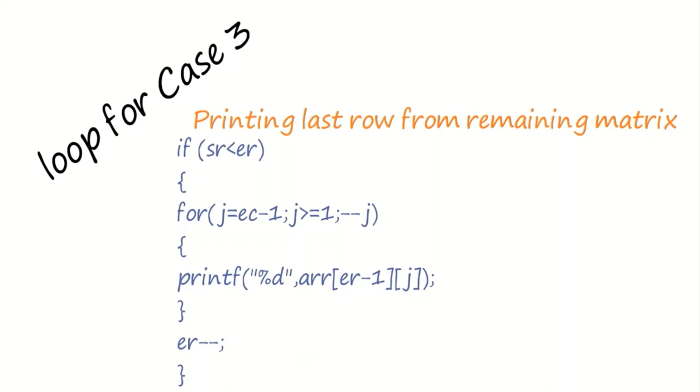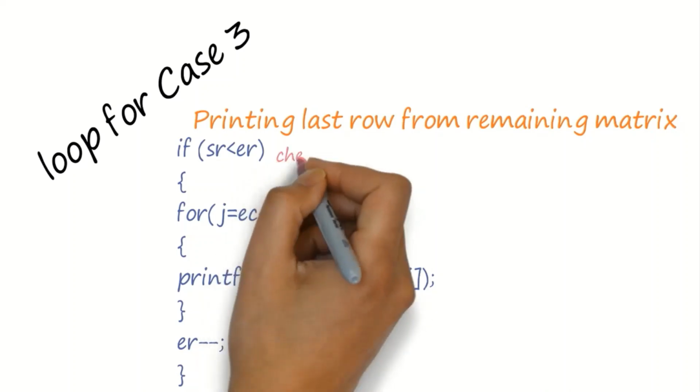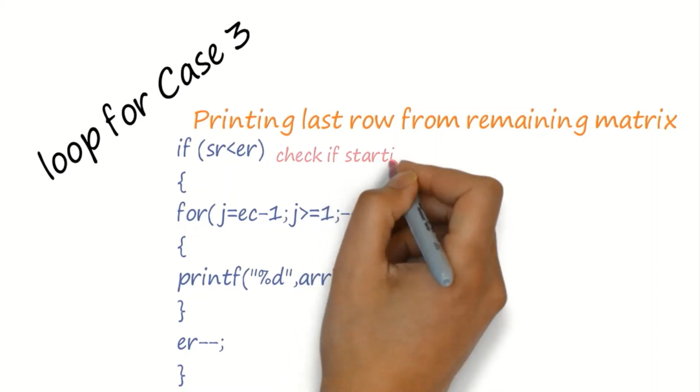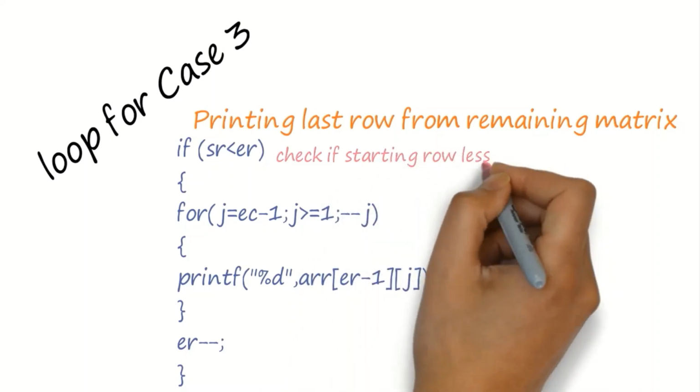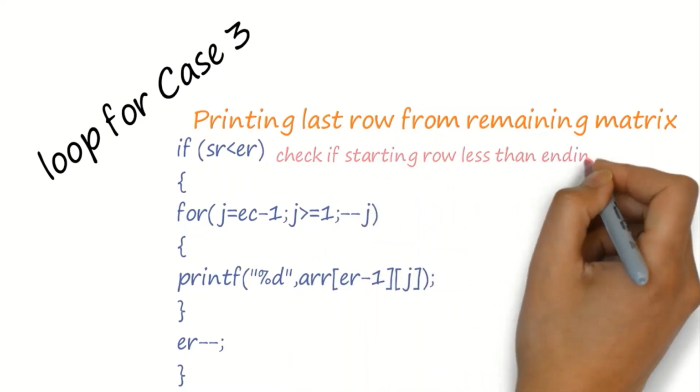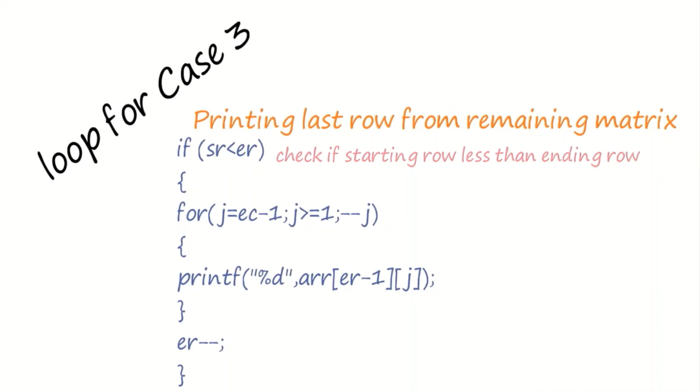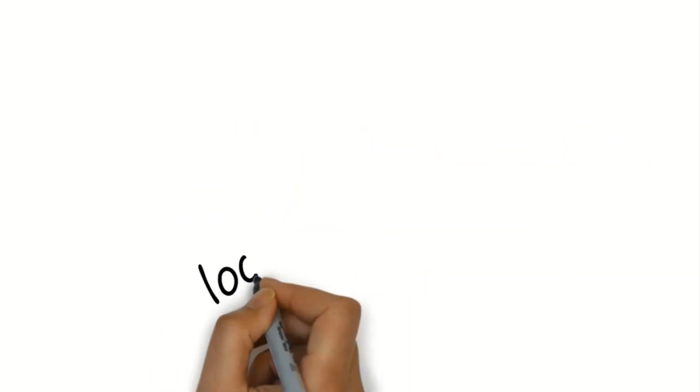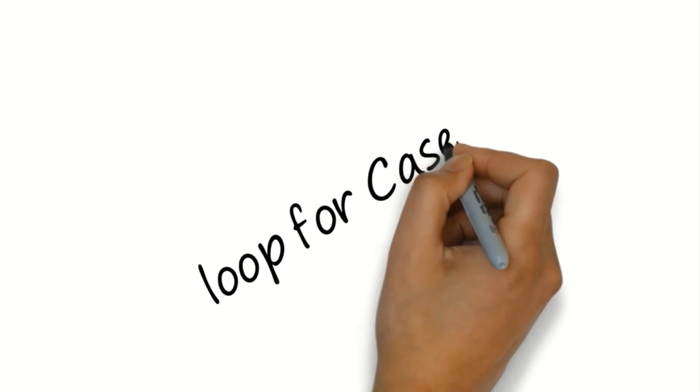So we have to omit it. So it will become EC minus 1. And the loop will be decremented by 1, and in this case row will be fixed and column will be changing, and dimension of the row will be ER minus 1. And since after completion of the loop we have to proceed for the next internal row, so it will be ER minus minus.